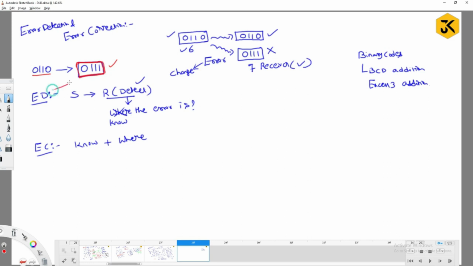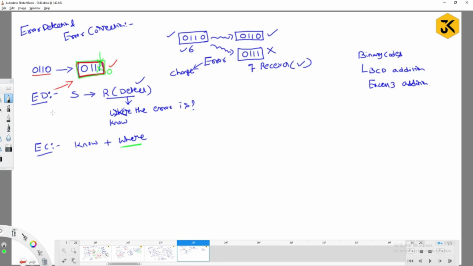That is error detection. Whereas in error correction, at the receiving side you know the error is there, as well as that the error is at the first bit. If you toggle this bit to 0, then you get the actual data. To toggle the actual bit, you have to know where the error is. That is the difference between error detection and error correction.